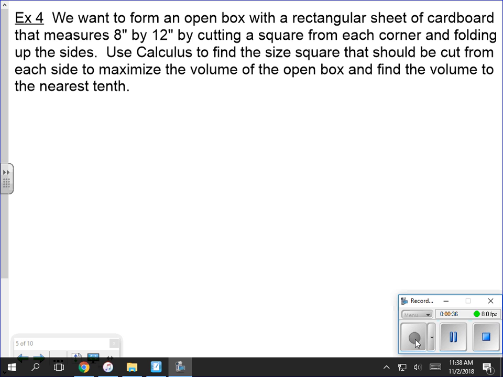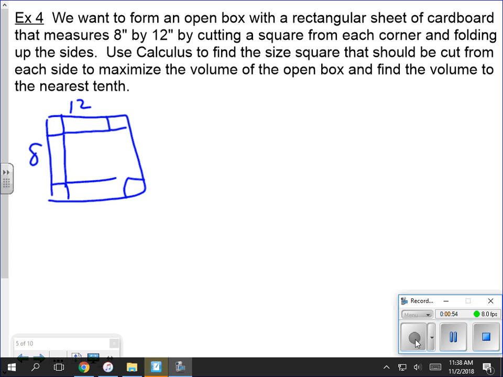So the idea behind this one is I have an 8 by 12 piece of cardboard, and I want to make an open top box by folding it up. I do that by cutting out square corners out of each side, and I want to find my volume.